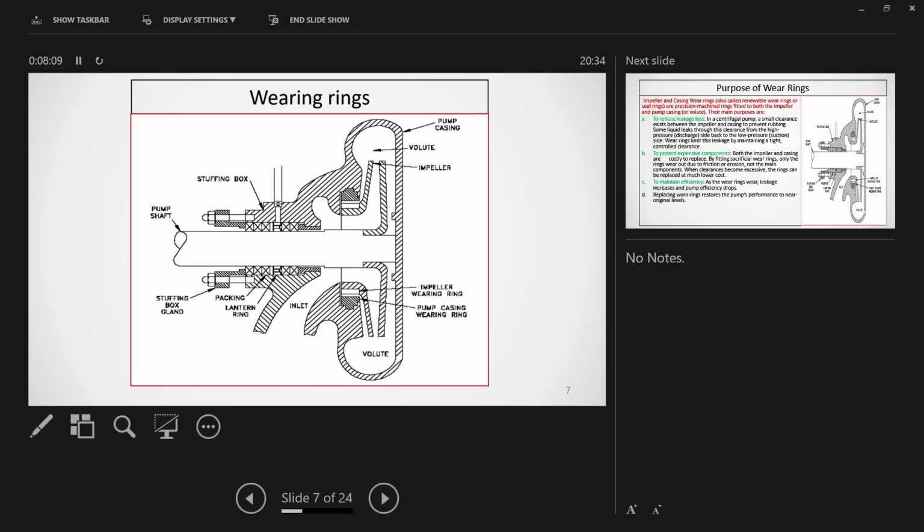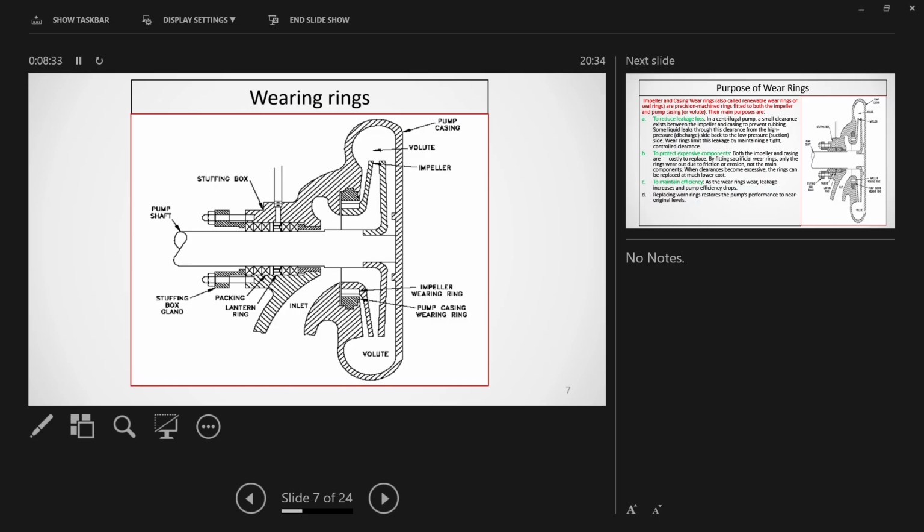This is the main important part. It increases the efficiency of the pump by restricting the flow. Second, if it is a softer material we are using, it will wear out maximum during running. When the flow takes place during running, the fluid will pass through this annular space.